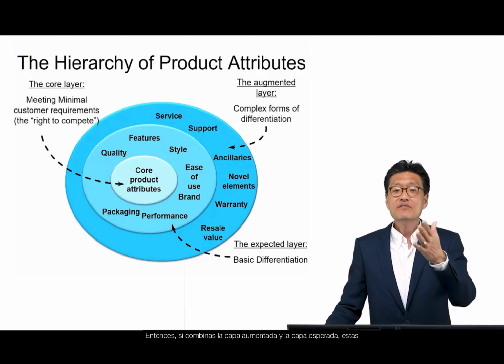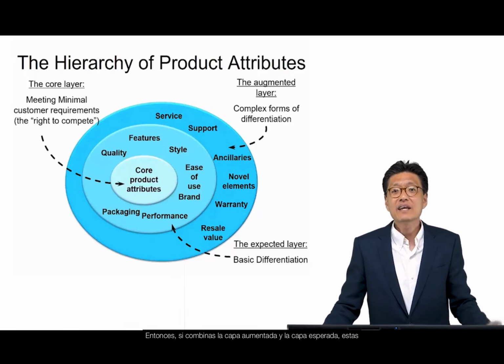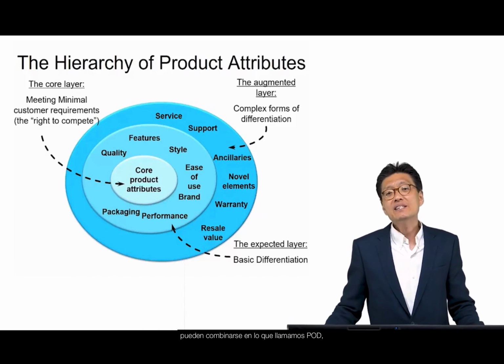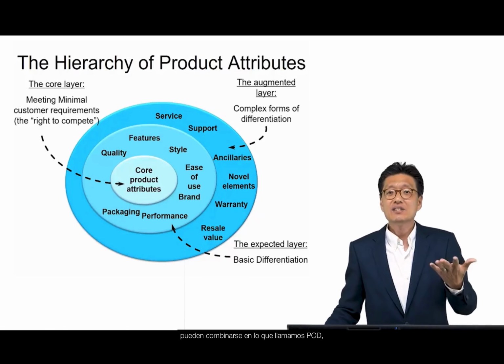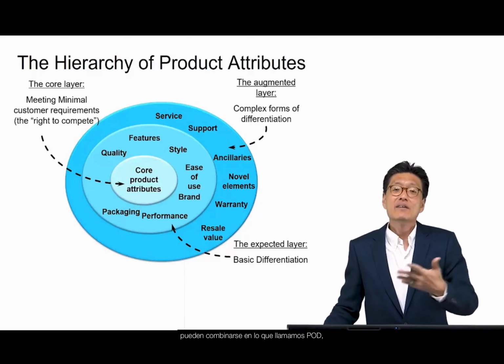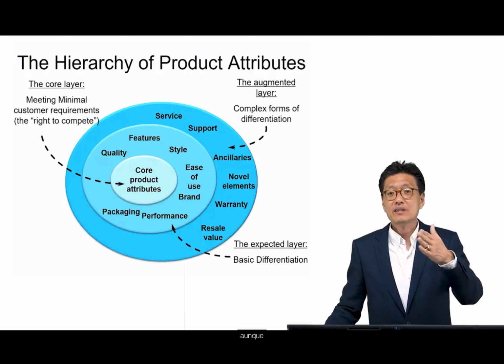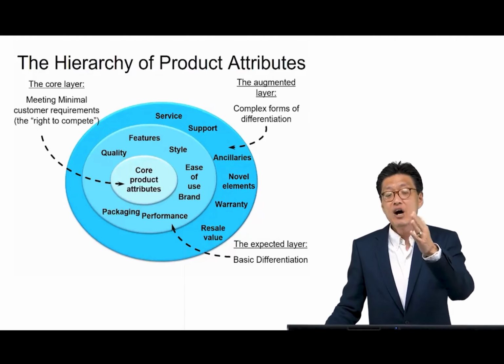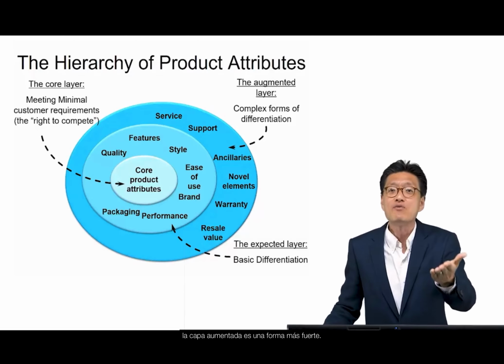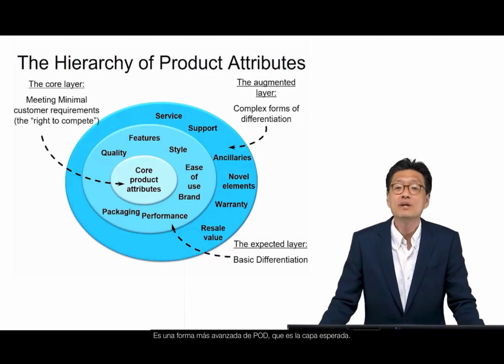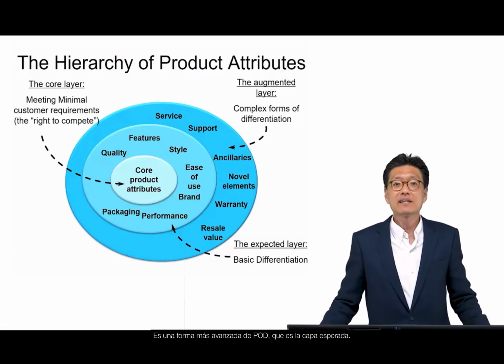So if you combine the augmented layer and the expected layer, these can be combined into what we call the PODs, right? The points of difference. Although the augmented layer is a stronger form, a more advanced form of POD than is the expected layer.